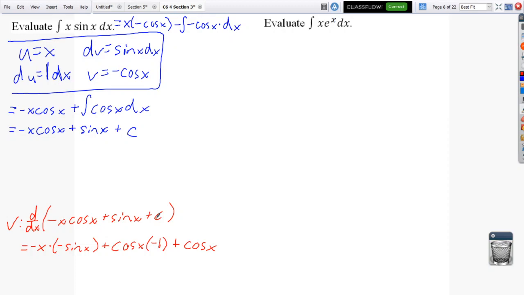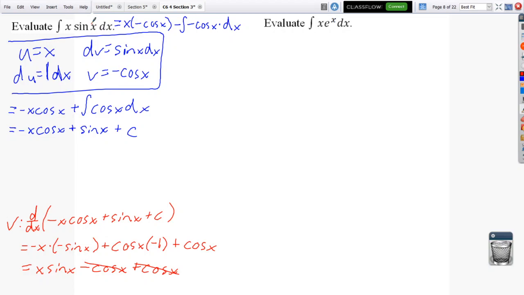Derivative of c, since it's a constant, drops out. Well, let's see here. This becomes x sine of x. Here we have minus cosine of x plus cosine of x. It seems to me those cross off, and now I can see that expression is the same as that expression right up top. So I've just checked my work.